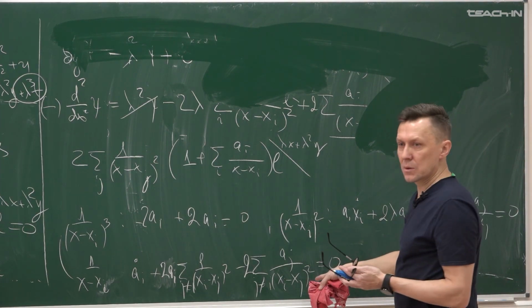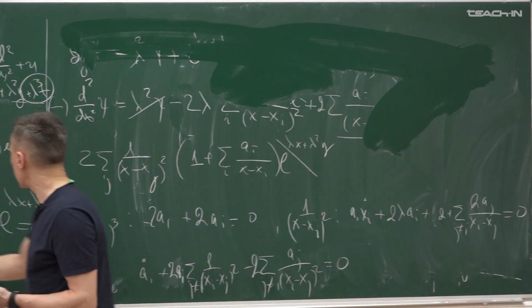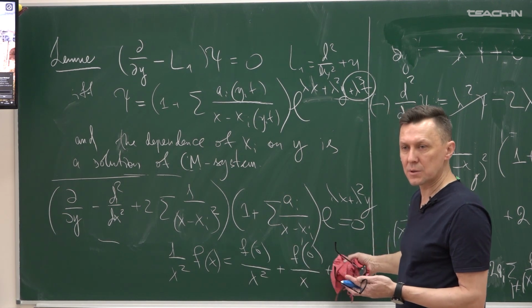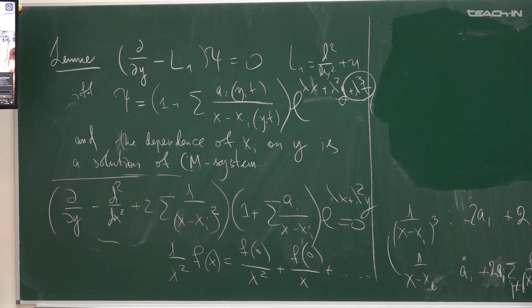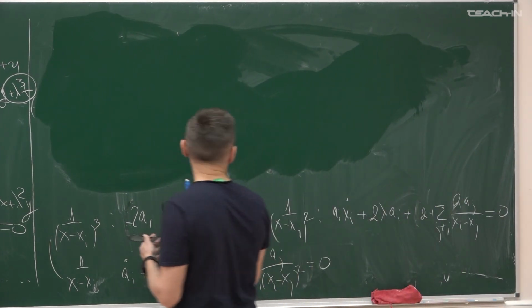Why it is 0? We have to verify this equation. So we wish that this is the solution of this equation. So all the coefficients should be 0. So what is written here?